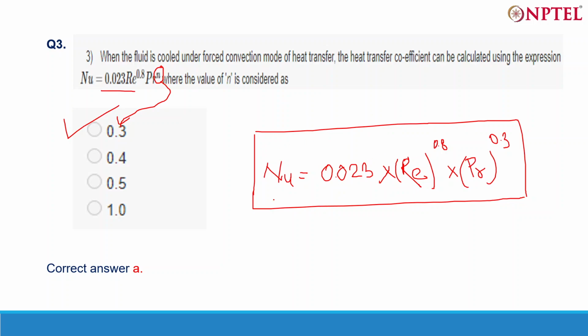Can you solve those questions with this equation? Try to think, okay? And inform me if you are able to solve those questions.